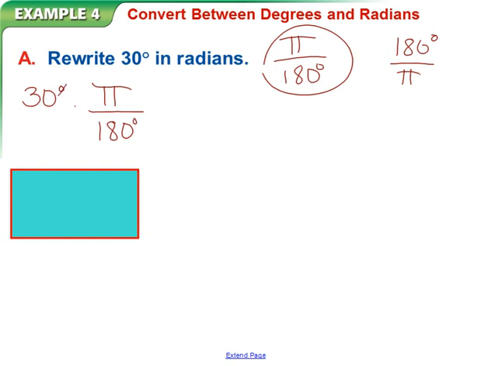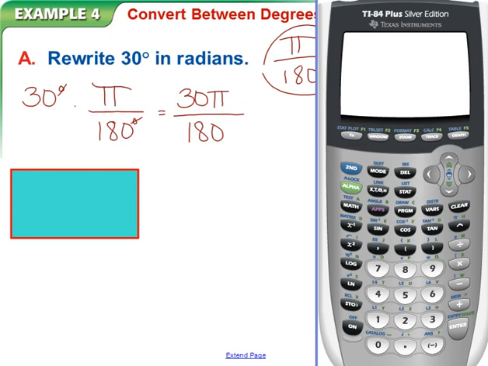So then think about the degrees canceling out. And then we'll go 30 pi over 180. But of course we can't leave it like that. We have to reduce it. And a lot of you can reduce that in your head. But if you can't, feel free to just grab your calculator because you will be able to have it for the test. 30 divided by 180. We're just going to ignore the pi for right now.